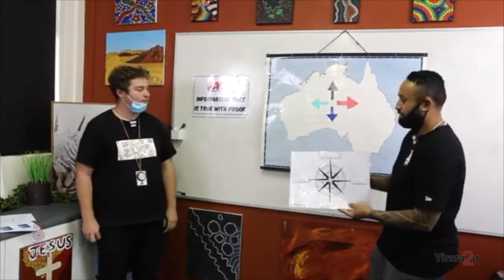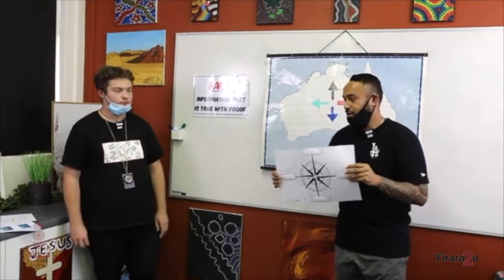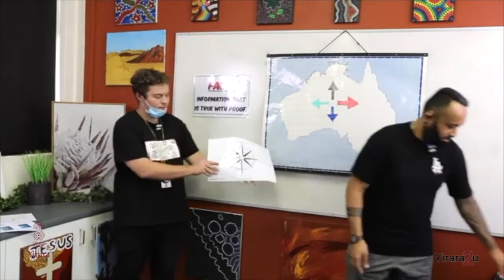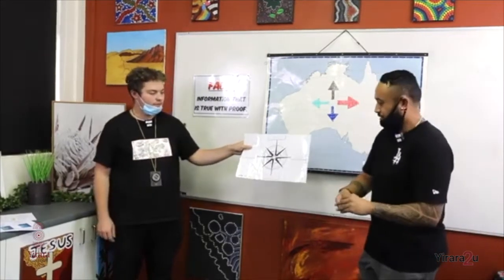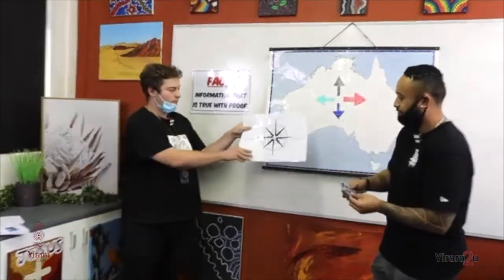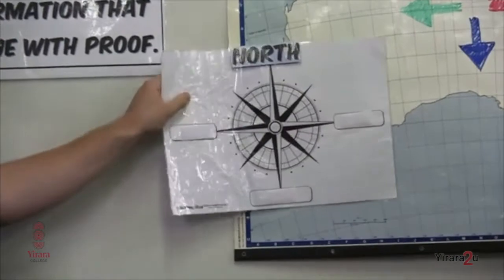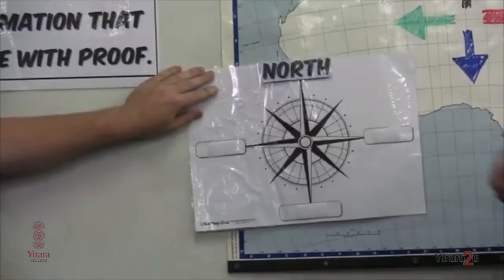So as you can see, there's a map behind us, but we're going to look at the 4 different points on a compass. So I'll get Max to hold that. Right. So at the very top of the compass, at the top point of the compass, we have the north point, right? And that's normally at the top of a place or going upwards on the compass point.